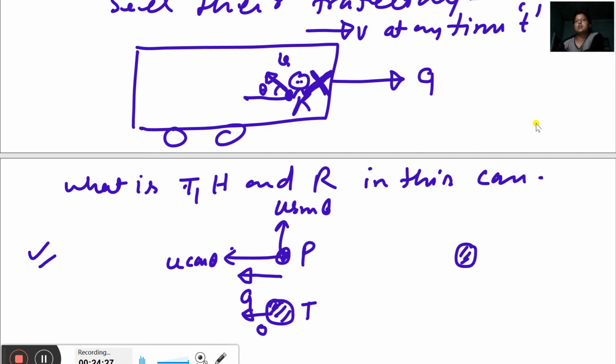So after time t, body has two components, u cos theta, u sin theta, and also has two components of acceleration. One is a naught of the frame, and the other of the gravity g.